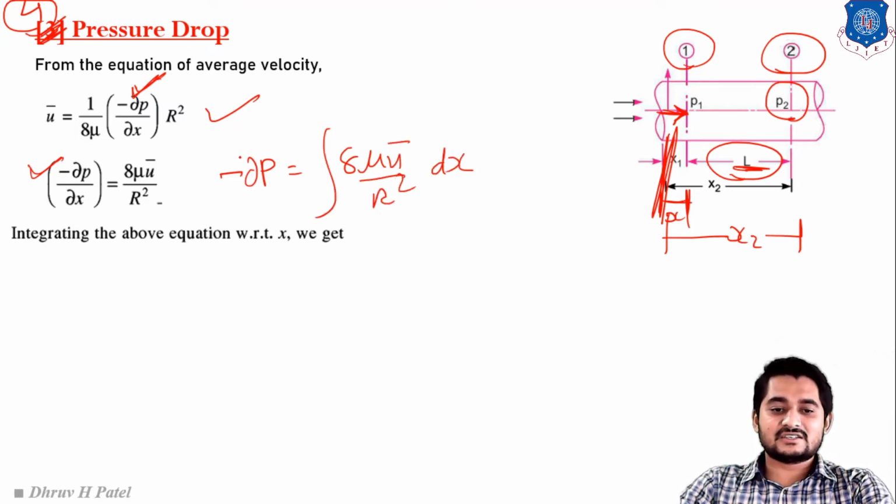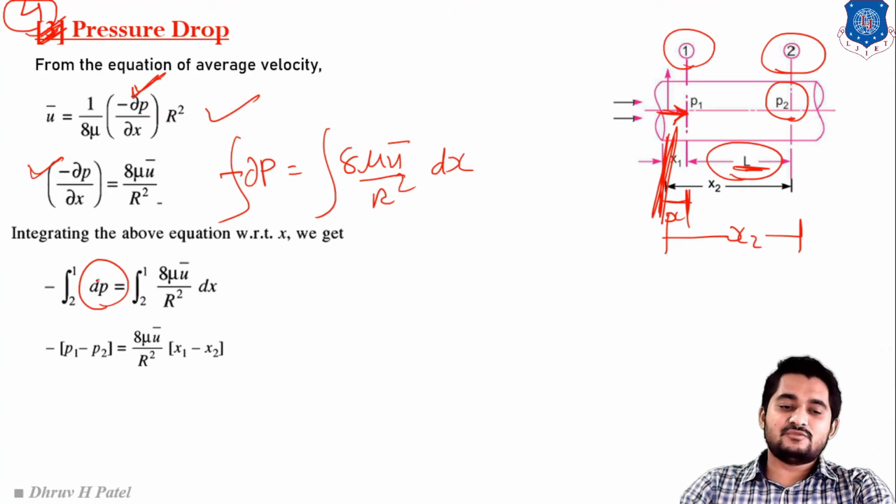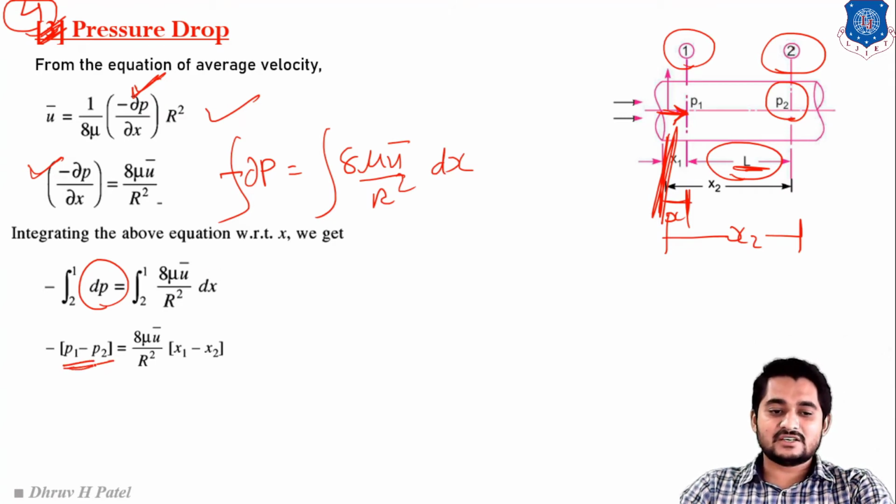Let us take integration on both sides. So integration from 1 to 2 of dp is equal to integration from 1 to 2 of 8 mu u divided by R square into dx. So here integration of dp is p, and if you put the limits, then P1 minus P2. Here on the right hand side 8 mu u and capital R square are constant. So in the integration the remaining is dx.